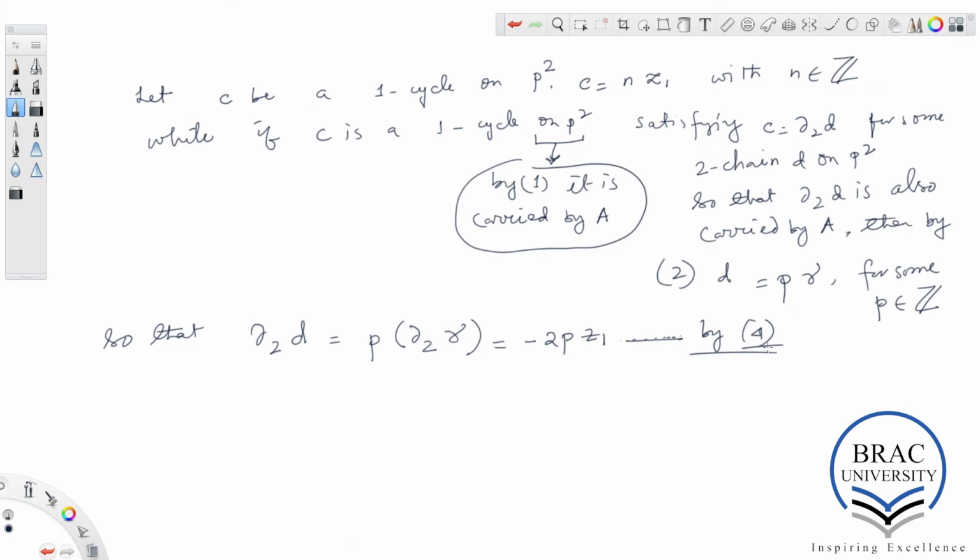Hence an element of B1 of P2, a one boundary on the complex P2, is an even multiple of Z1.